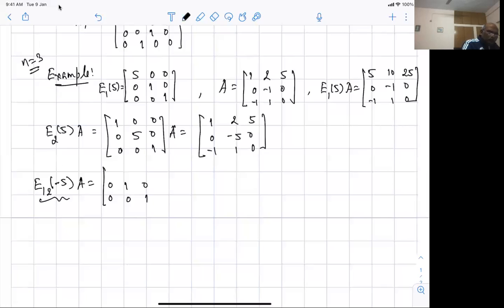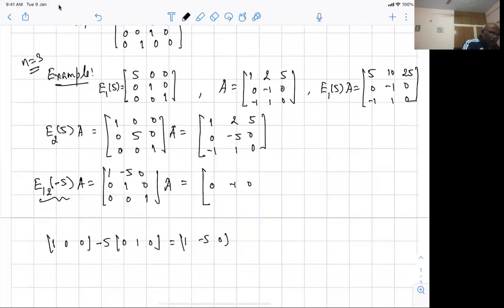And the first row, well, this is the first row of identity, minus 5 times the second row of identity. Second row of identity is this. This gives me 1, minus 5, 0. So I just put it here as 1, minus 5, 0. Multiply this to A. And I would like you to see that the second row remains as it is, 0, minus 1, 0. Third row remains as it is.